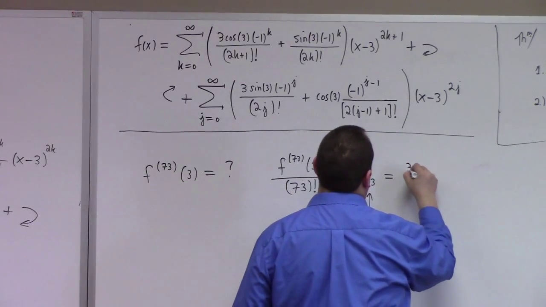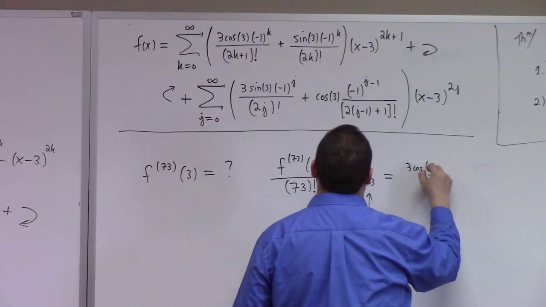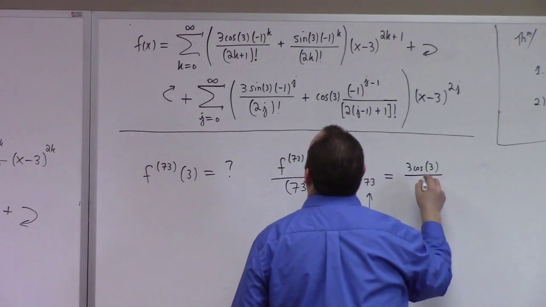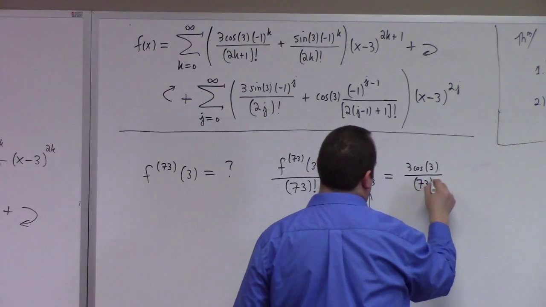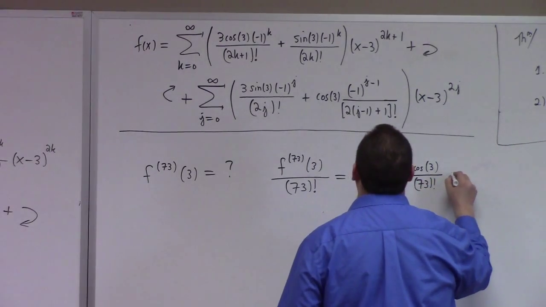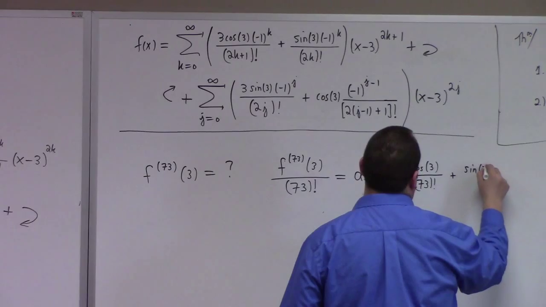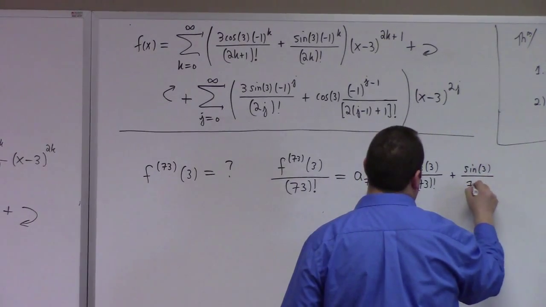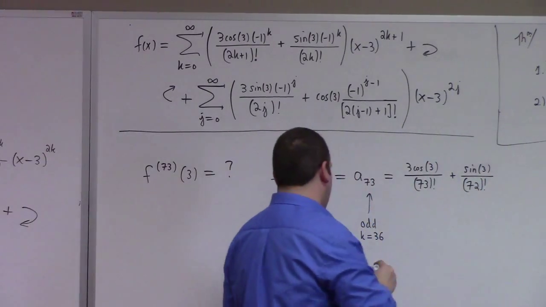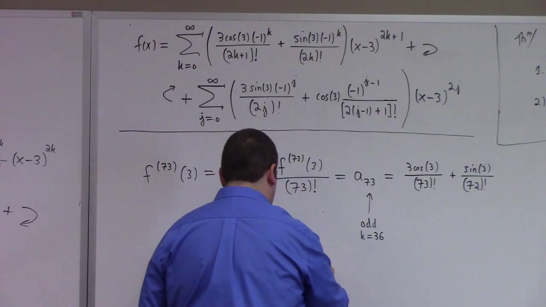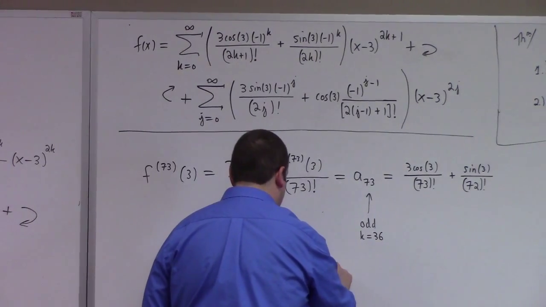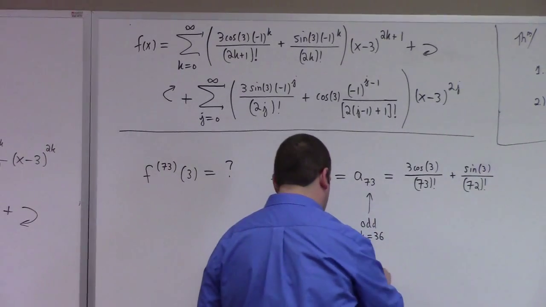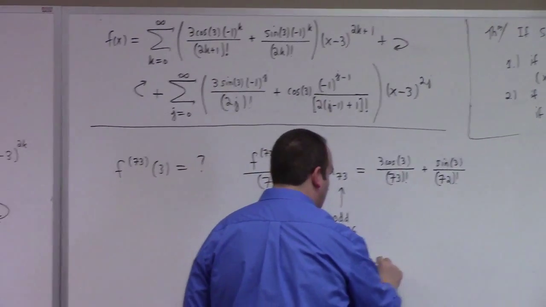That is 3 cosine of 3 divided by 73 factorial plus sine of 3 divided by 72 factorial. So the 73rd derivative of this function evaluated at 3, multiplied through by 73 factorial, what do you get?